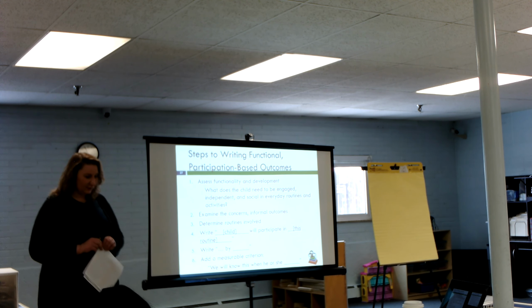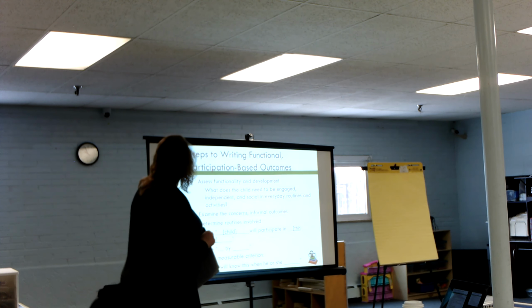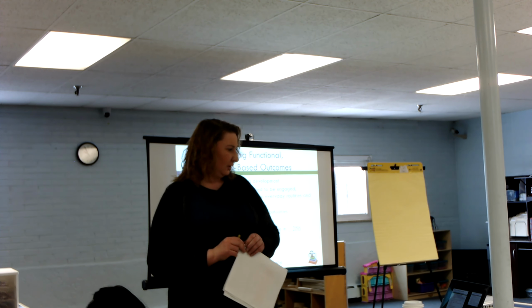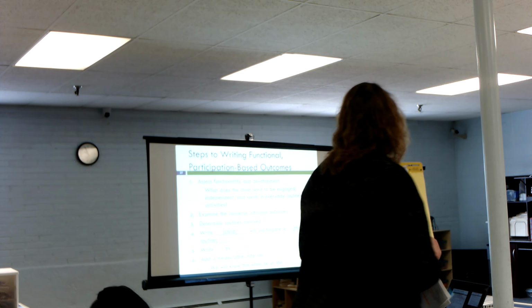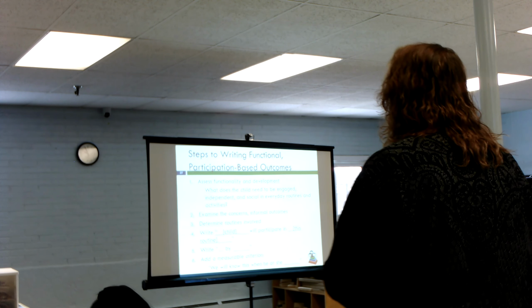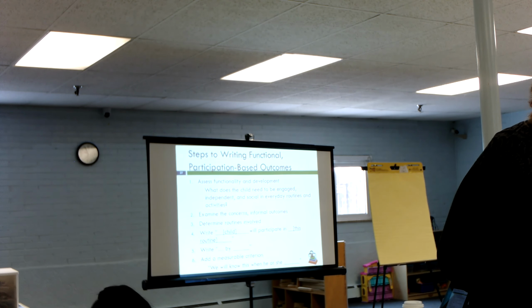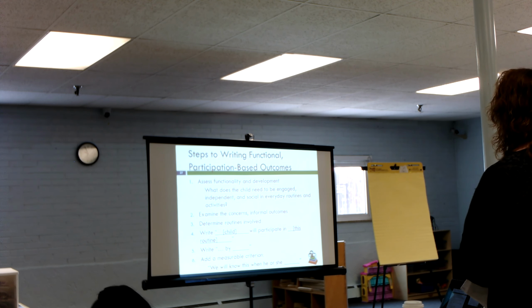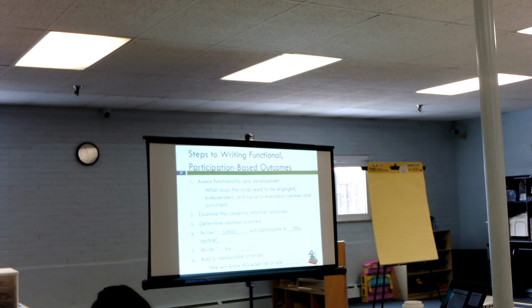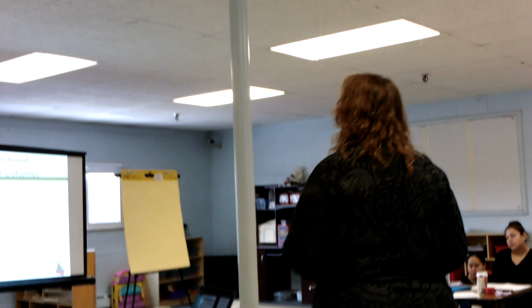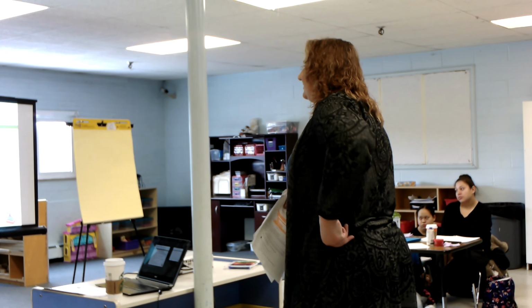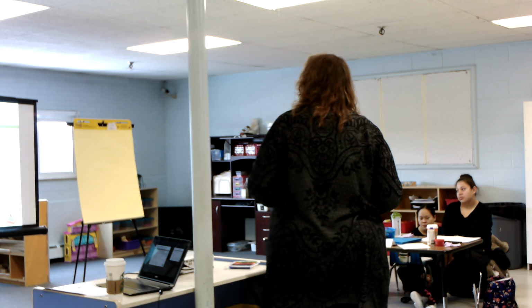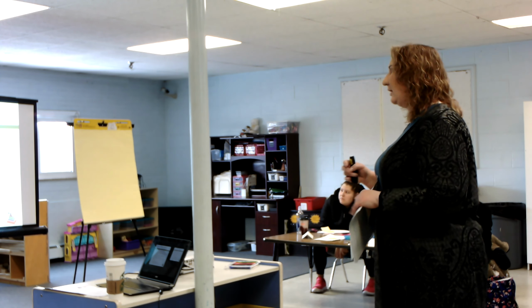Alright, so the next step is that we are going to write functional participation-based outcomes. So we're going to assess the functionality and development. What does the child need in order to be engaged, independent, and social in everyday routines and activities? We're going to examine the concern and the informal outcomes.